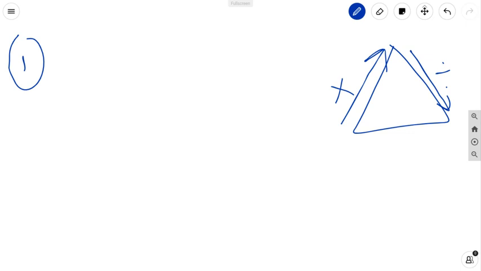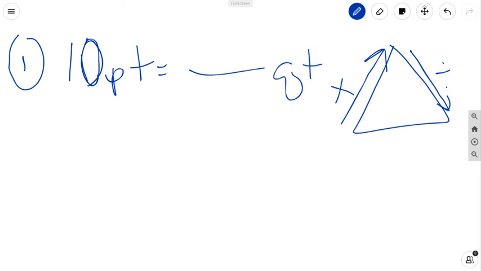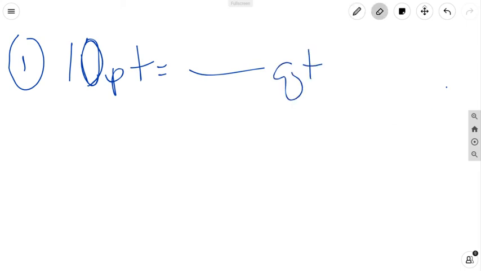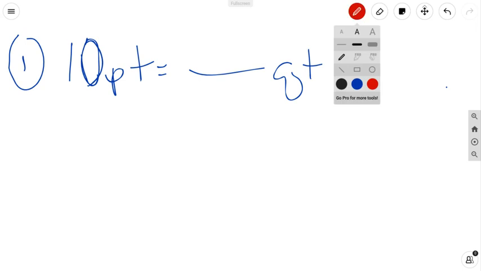Let's try 10 pints equals how many quarts? Okay, so first and foremost, a pint is smaller than a quart.